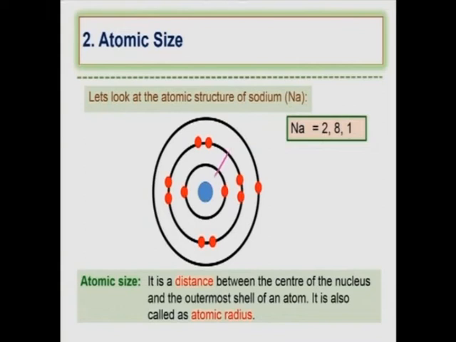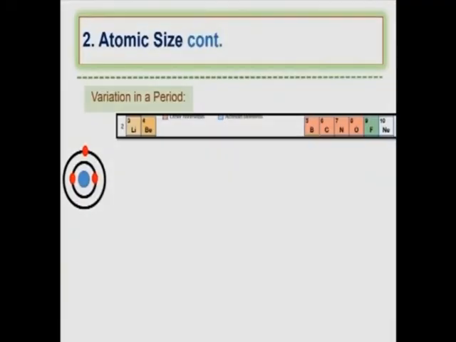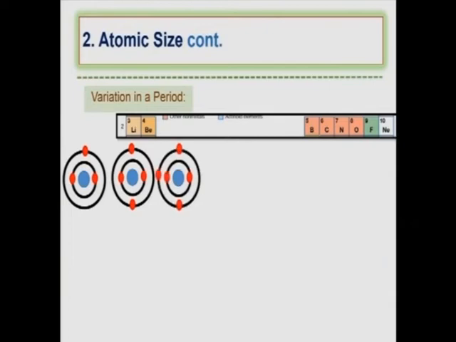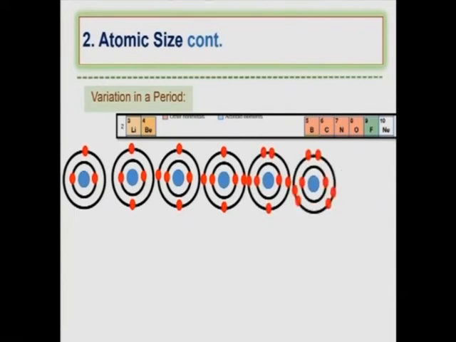So atomic size is simply the distance between the center of the nucleus and the outermost shell of an atom. What happens in a period to atomic size? It is very important to know that when we move from left to right in the periodic table, the atomic size generally goes on decreasing.